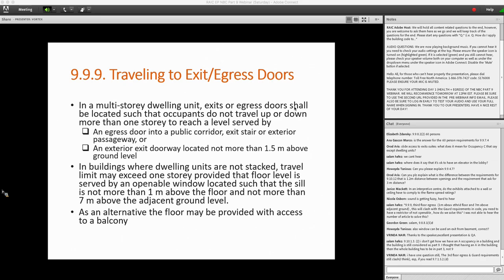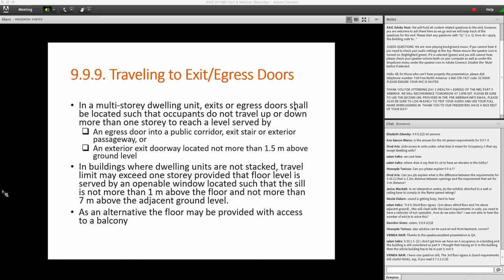Question 36. Where does it say that it's okay to have an elevator in the lobby? So I believe this is related to exiting through the lobby. So it says you can open an elevator into the lobby in 9.9.8. So hold on a second also.